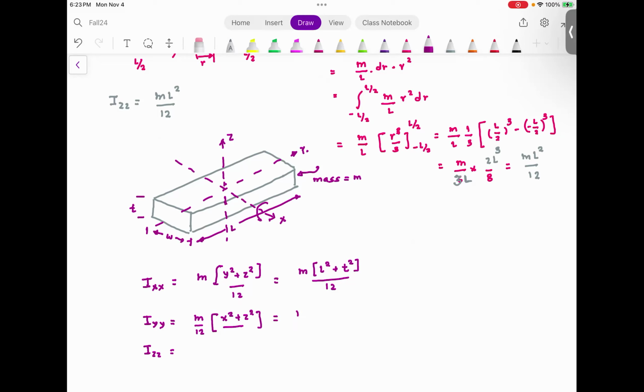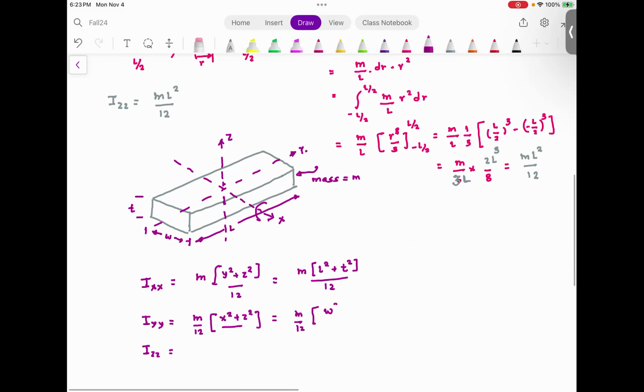And here you will write m by 12. X dimension is w square, z dimension is t square. And for z, it is m by 12 times x square plus y square.